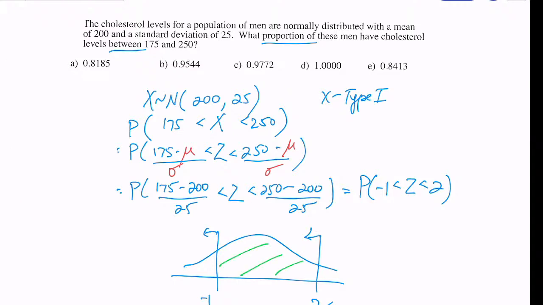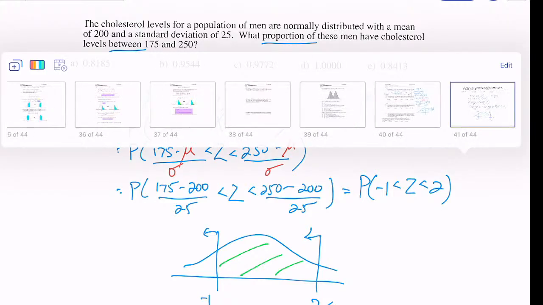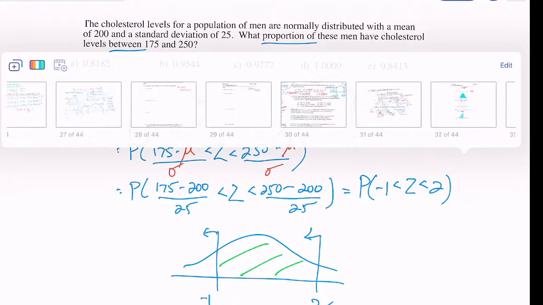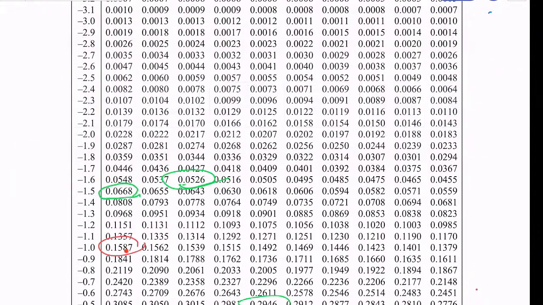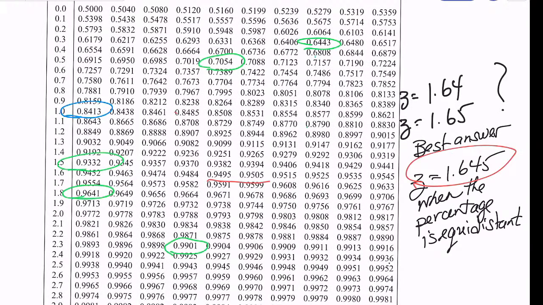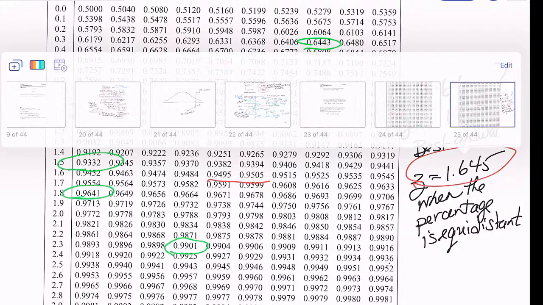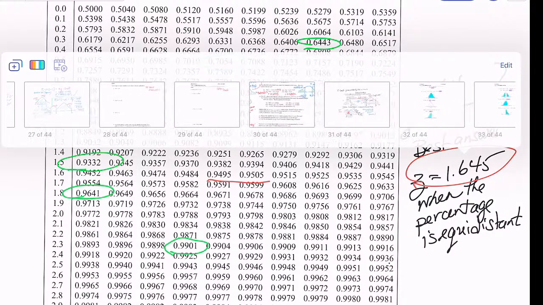So for -1, we already saw this number, right? 0.1587. Remember, it was 16. And for 2, it was 0.9772. So again, for next class, you should have at least these tables printed for you.